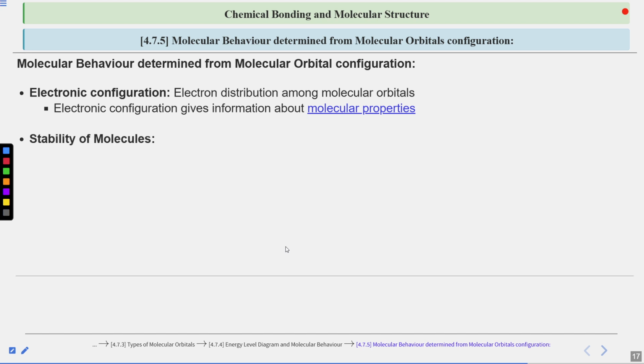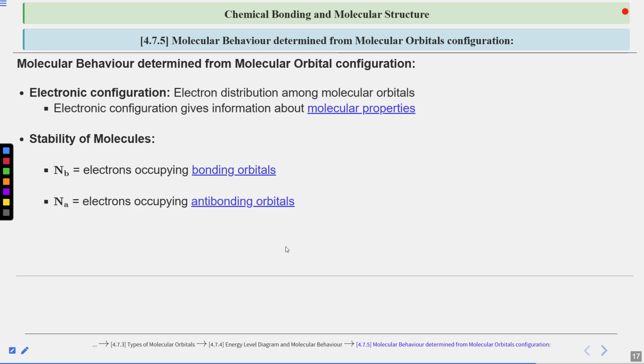Okay. Then what about the stability? So we know that Nb represents the electrons which are present in bonding orbitals, whereas Na is the number of electrons we are placing in the anti-bonding orbitals. So remember this point always.